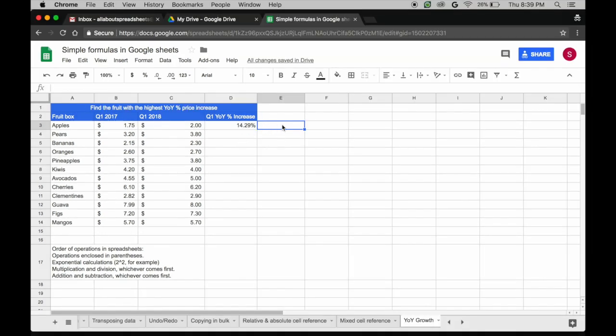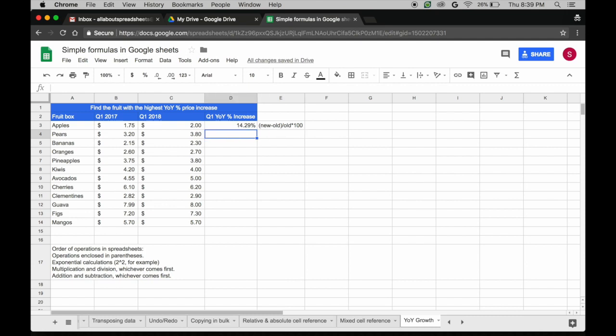So let me write here the idea of the formula is the new number minus the old number divided by the old. Okay, with parentheses here. You can also multiply this by 100, but the times 100 is optional because you can achieve the same by using formatting.